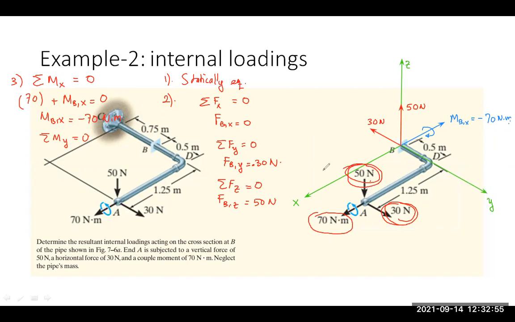So we will use this in the analysis. This 50 Newton of force creates rotation along this y-axis in a counterclockwise direction, so it will be in the positive y-axis. So we have a positive external moment due to this force with this distance.